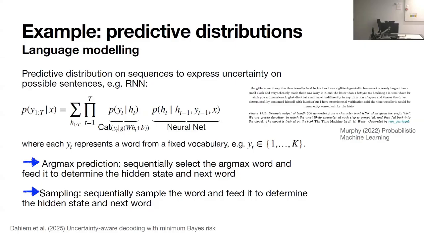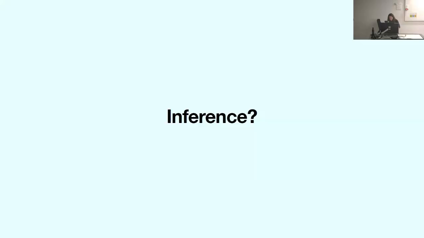So they look at a kind of Bayesian decision theoretic approach to summarize this distribution, which in this community they call minimum Bayes risk decoding. Okay, so these are all examples where we have these distributions over these huge dimensional spaces, and we want to find ways to summarize distributions.